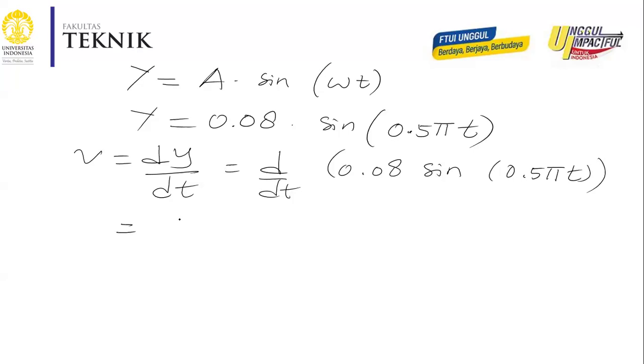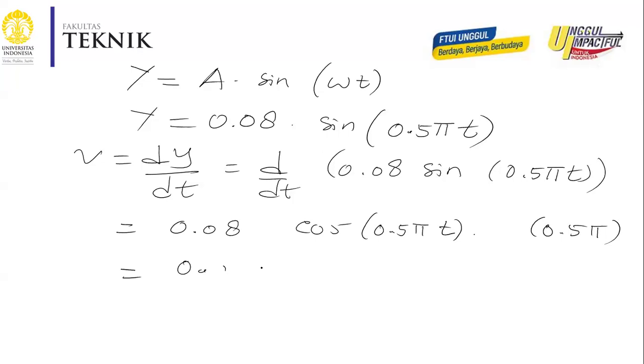From the derivative here, 0.08 sin becomes cos, right? Cos 0.5 pi t times 0.5 pi. So it becomes 0.04 pi cos 0.5 pi t. This one is v.